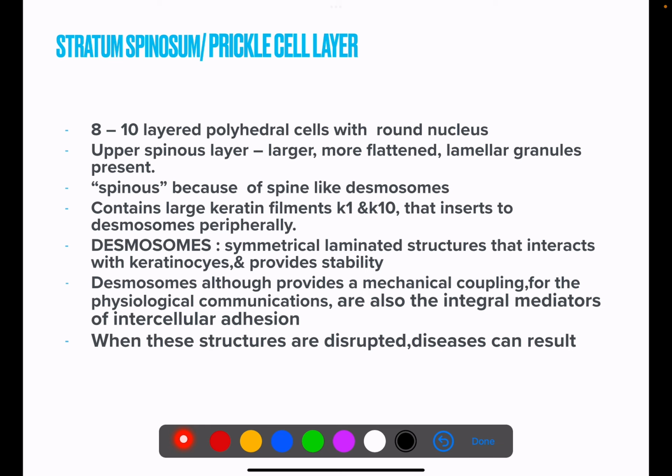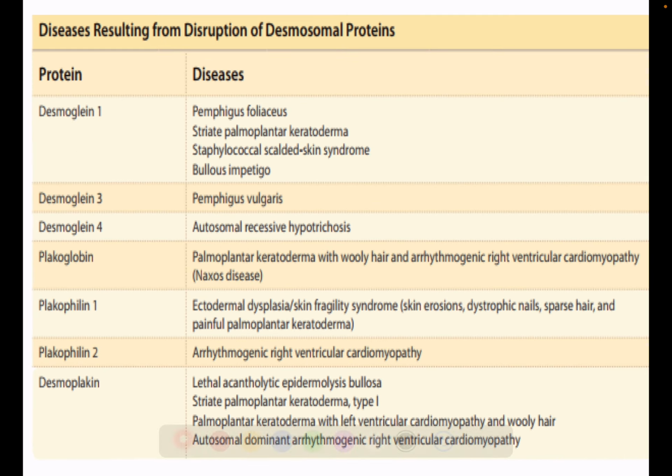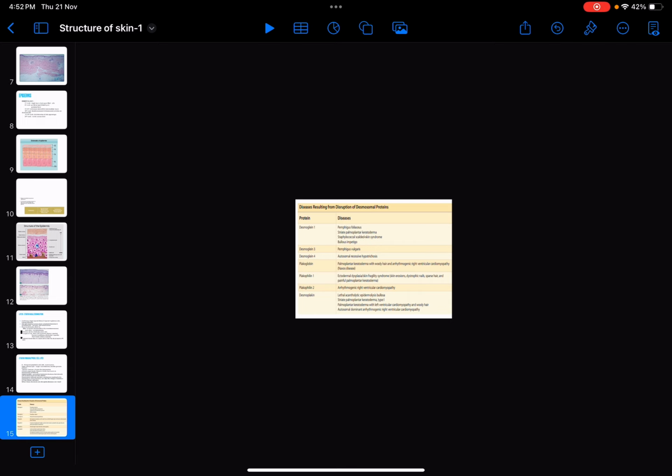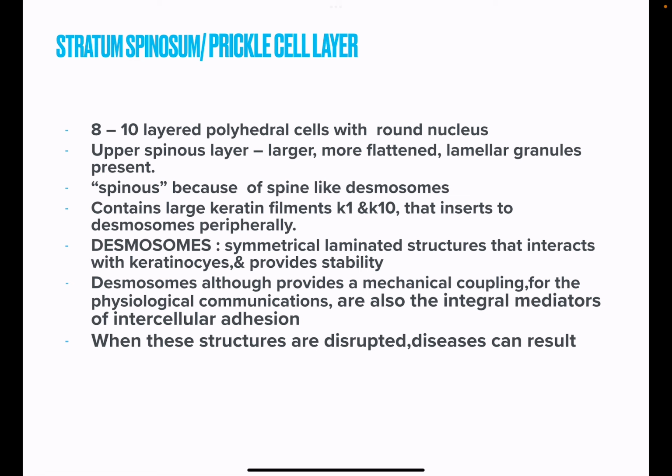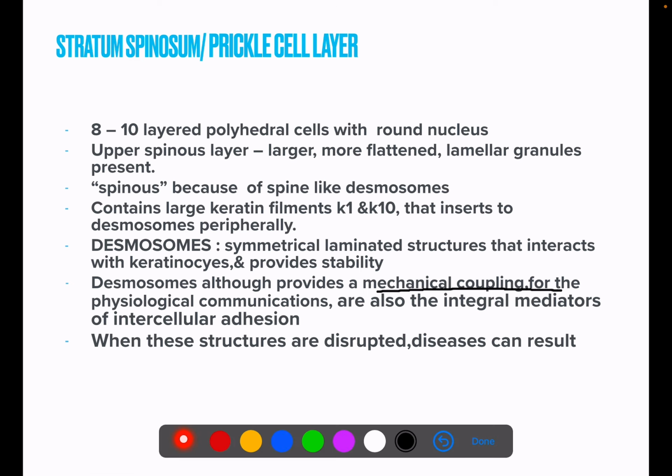Stratum spinosum: 8 to 10 layers, polyhedral cells with round nucleus, upper spinous layer larger, more flattened, with lamellar granules. We have desmosomes, which provide mechanical coupling for physiological communication and are also integral mediators of intercellular adhesion. These form keratins K1 to K19, K20.